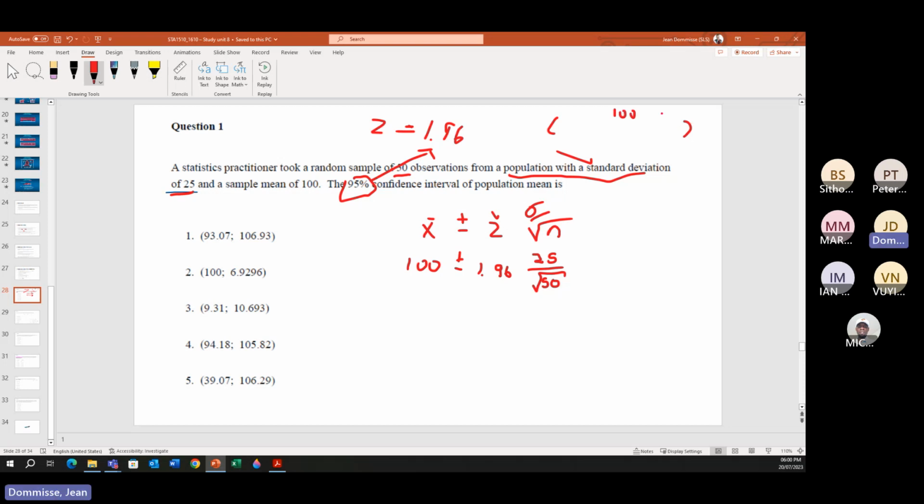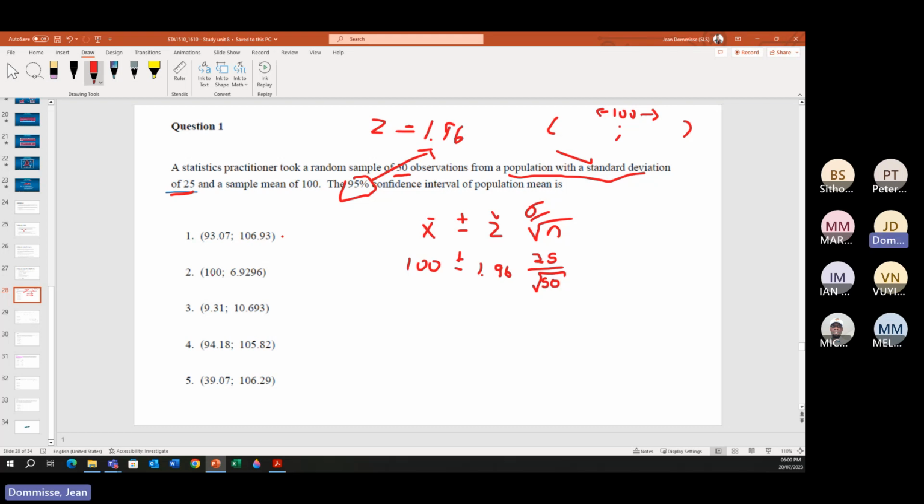On the top end, there will be something bigger than 100, and on the bottom end, something smaller than 100. So you will have smaller than 100, bigger than 100, 100 in the middle. When I look at these answers, I'm like, okay, something smaller, something bigger might be that.